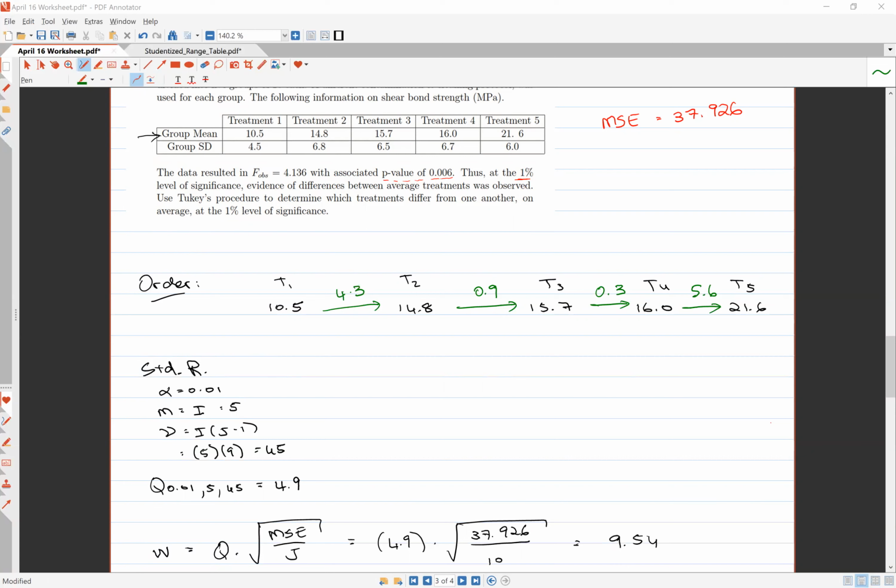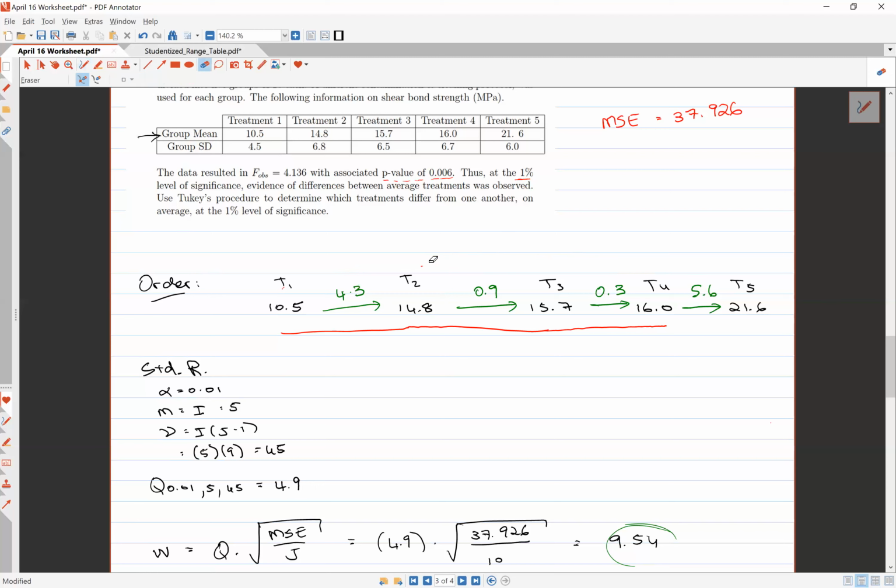Okay, so now we want to determine which of our groups are within this width of one another. Definitely treatments 1 and 3. In fact, just a small jump to get to the next treatment. So no difference here between treatments 1, 2, 3, and 4, because from treatment 1 to treatment 4, that total span is still less than the 9.54.